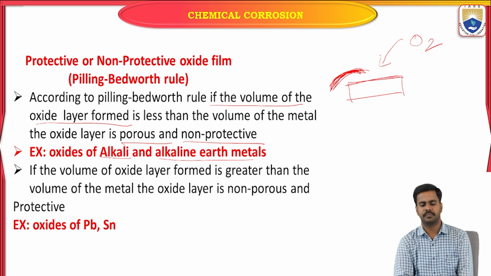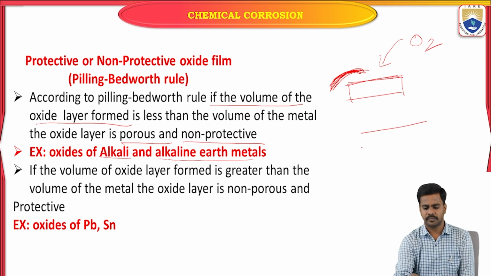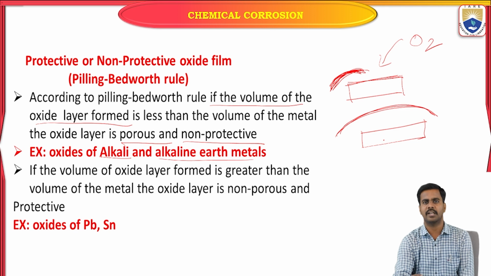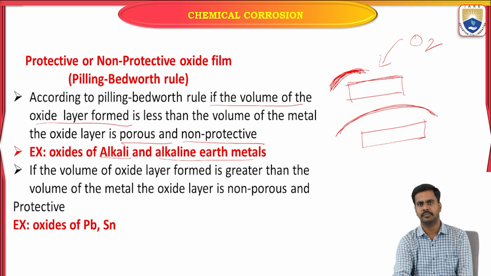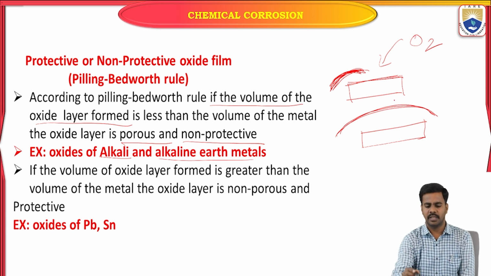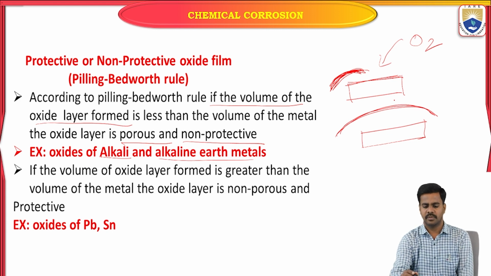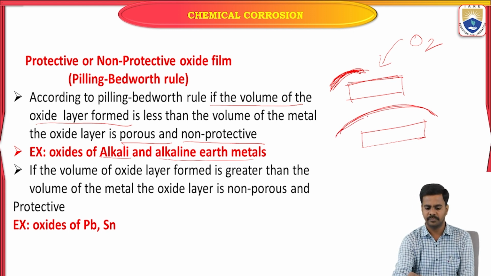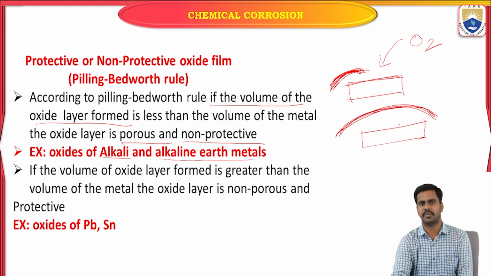And case 2: if the volume of the metal oxide layer formed on the surface of the metal is greater than the volume of the metal to be consumed, in this case it is non-porous and protective. Why? Because look here, the metal oxide layer completely covers the metal surface.